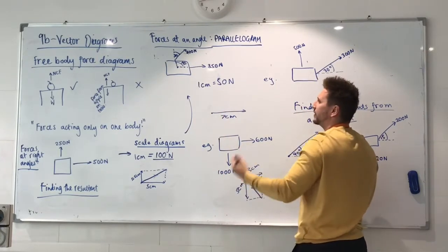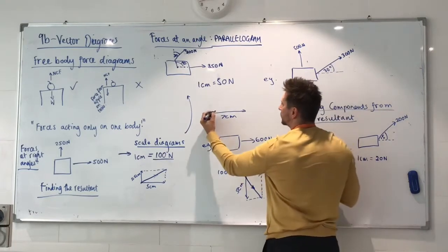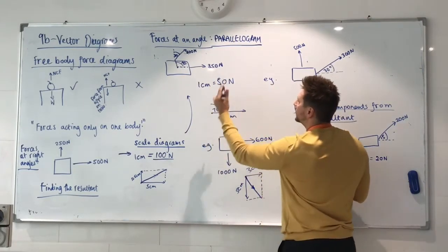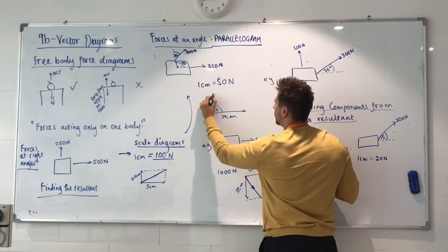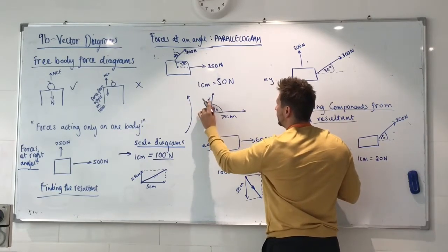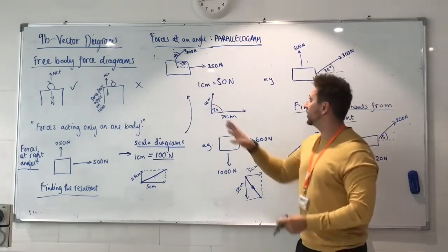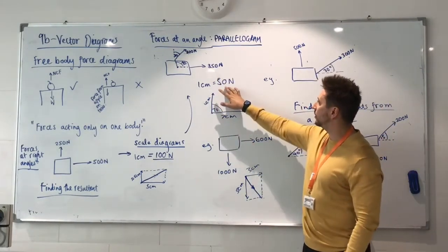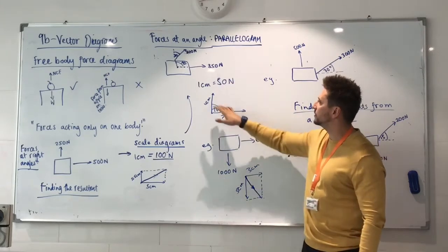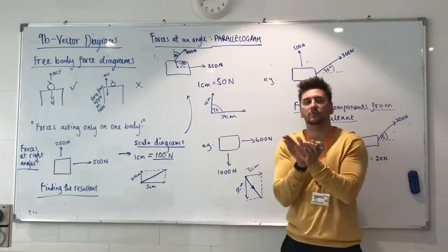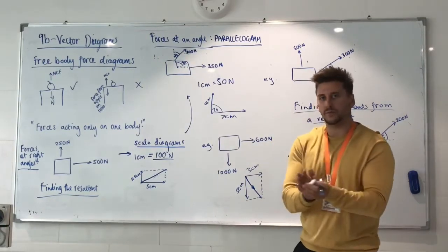If I'm going to draw a parallelogram with angles between them, I'm going to need a protractor. So 70 degrees with my protractor. And then this one will be 4 centimeters, okay? So there's the diagram I start with. I chose my scale. I converted that 350 on a scale of 1 centimeter is 50 to 7 centimeters. 200 newtons would be 4. And I had to use my protractor to draw the 70-degree angle between them, okay?